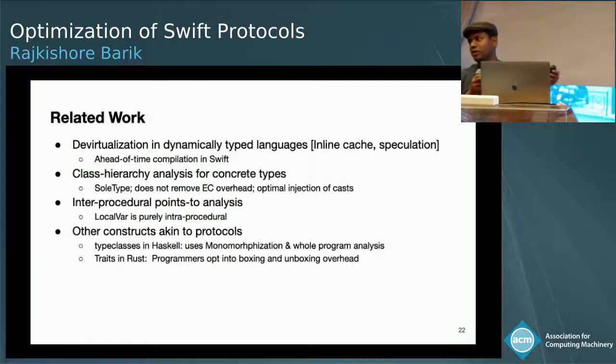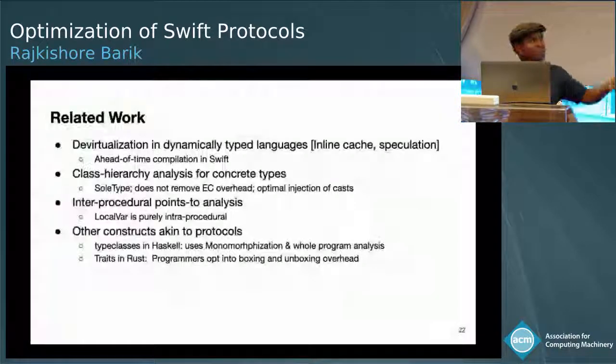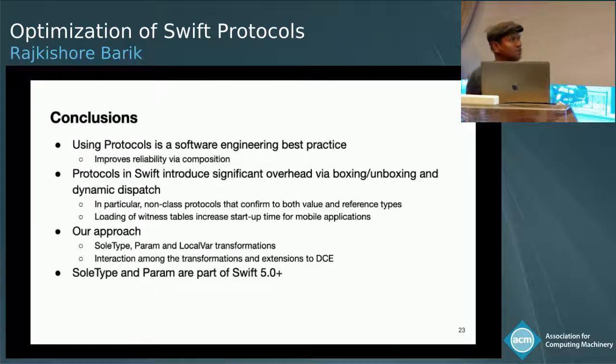And there is a bunch of related work in this space. I think the way we differ is we apply some of these optimizations, and also extend that to Swift in particular, because there are some more challenges in Swift. Conclusions: using protocols is a good idea. It's a good software engineering practice, and protocols do introduce some overheads.